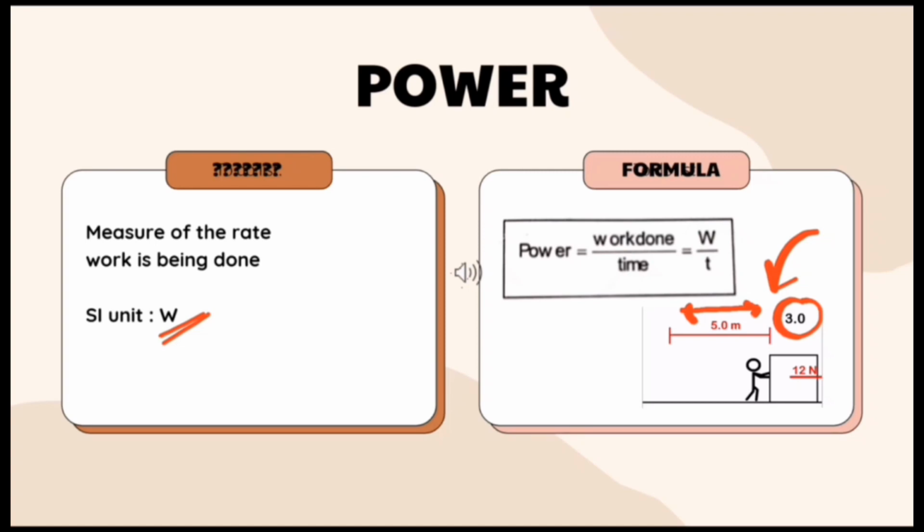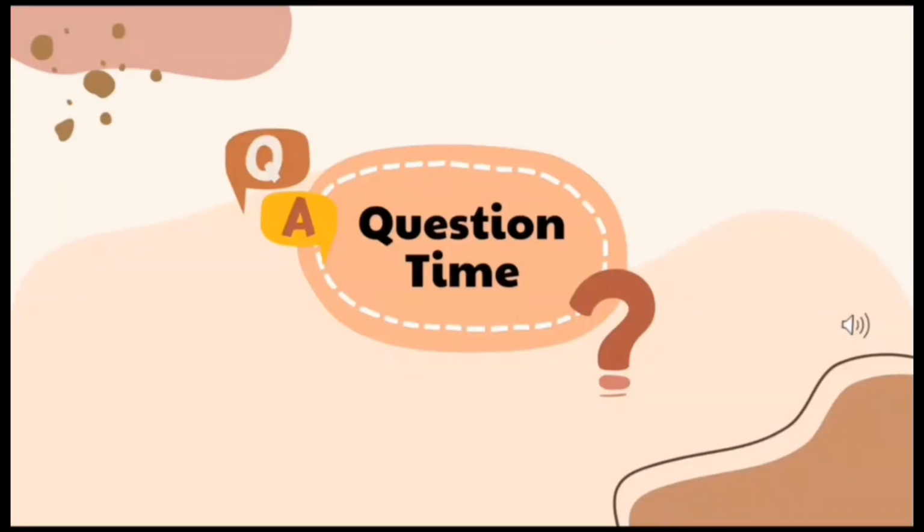But the distance is not in the power formula. This is because we use distance in the work done formula, where the force must be multiplied by distance. Now, let me move to our question section.